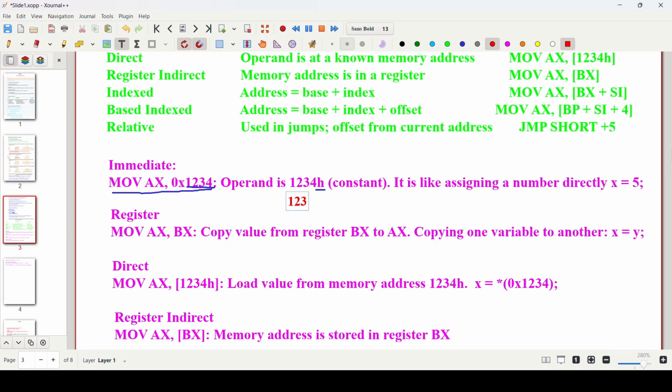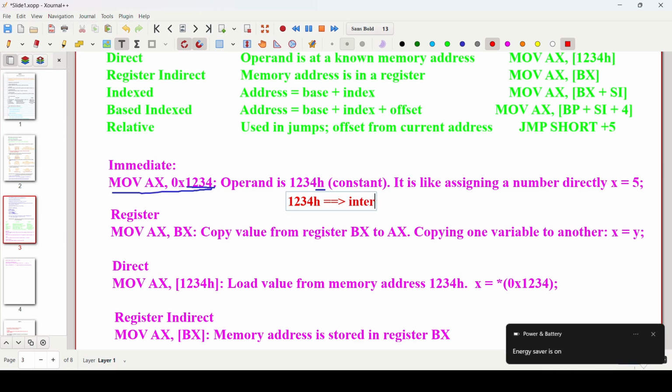So 1234H is used in Intel style form, and 0x1234 is used in C style coding. Both of them convert to 4660 in decimal value.